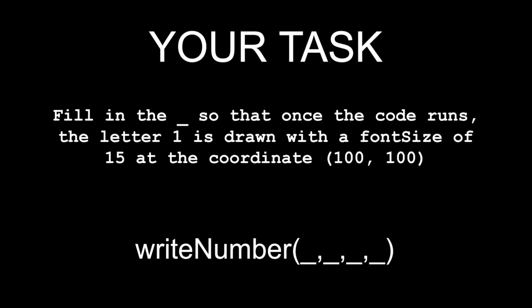You can look back in the video and you can pause the video right now and try your best. And then when you're done, unpause it and see the answer. So over here, write_number blank, blank, blank, blank. Fill in the blanks and do your best. Good luck.